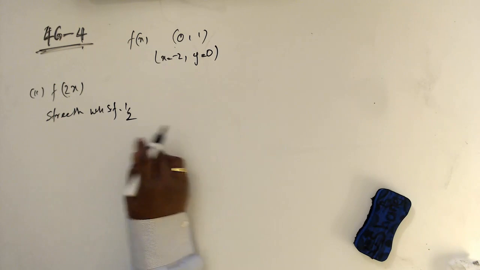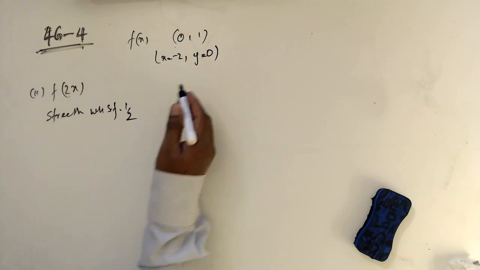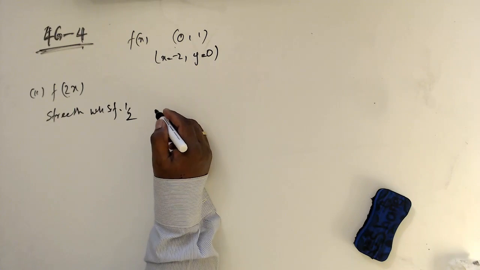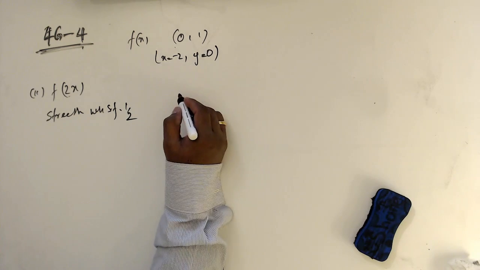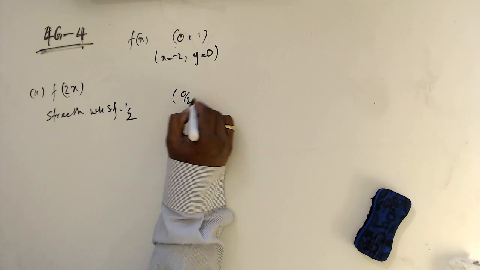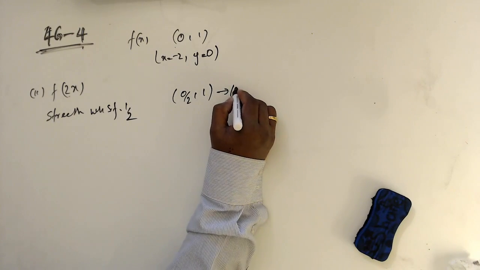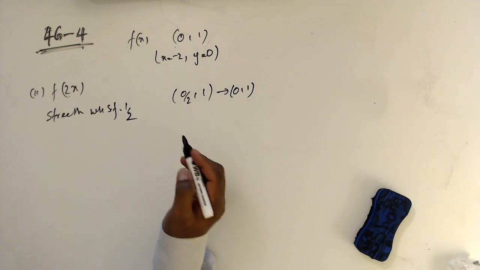In other words, you have to divide all the x values by 2. So this point, when I take the 0, 1 point, 0 divided by 2, 1, which is 0, 1 as it is. It's not going to change.